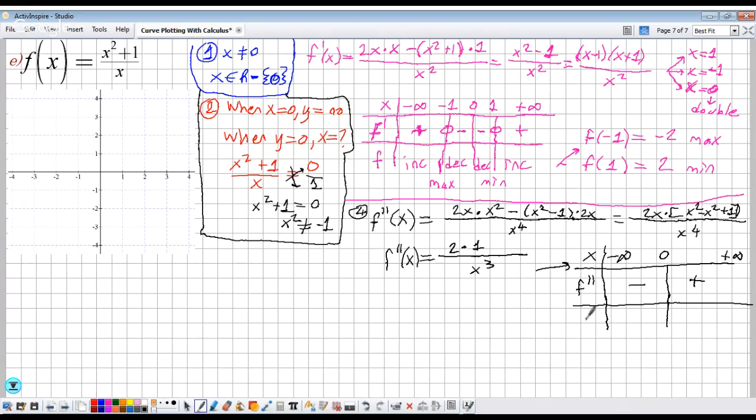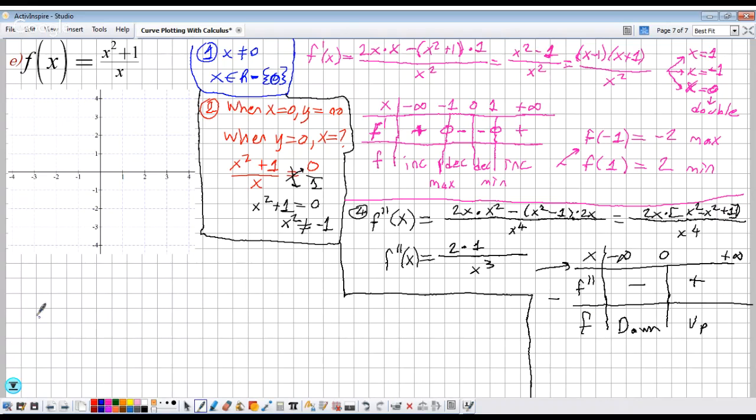That's why the sign will change. The real function will be concave down in this interval and concave up in that interval. And 0 can be replaced in the real function. Can we get a result for that? Over 0 we can't write, so 0 cannot be an inflection point.